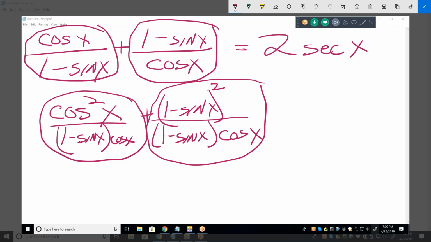Okay. So now we have to carry out this squaring.